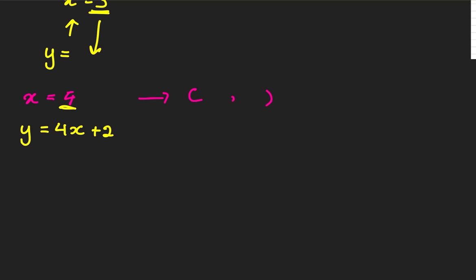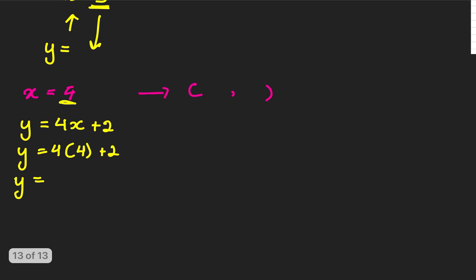If x is equal to 4, just simply put x as 4. So y is equal to 4 multiplied by 4 plus 2, and that gives us y is equal to 16 plus 2, which is 18. So when x was 4, y is 18. And that's simply how you could interpret the coordinate.